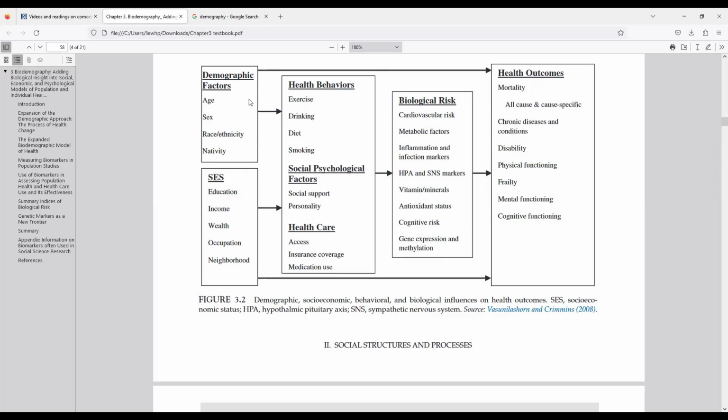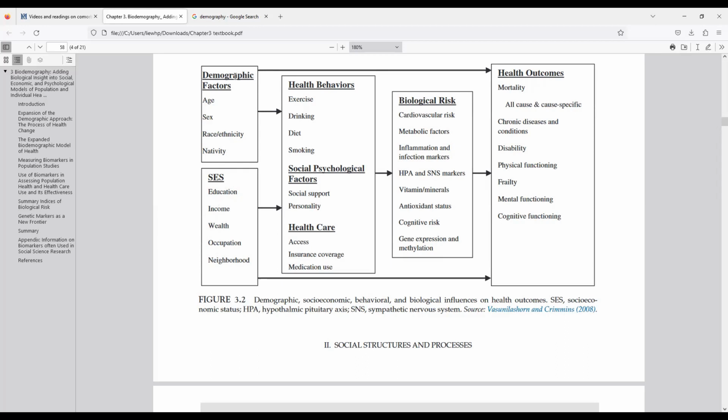And as you can see, the fundamental cause theory is also depicted in here. The fundamental causes like age, sex, race or ethnicity, or nativity. Nativity means whether you are native or foreign born. And other socioeconomic statuses like education, income, wealth, occupation, and residence.